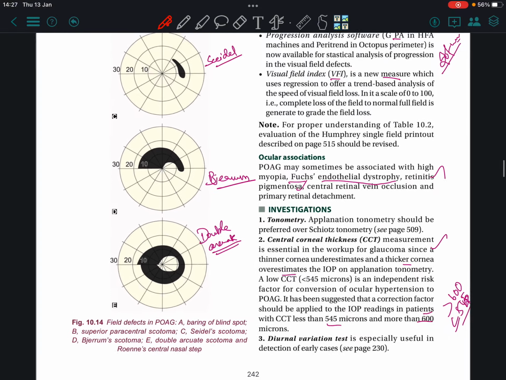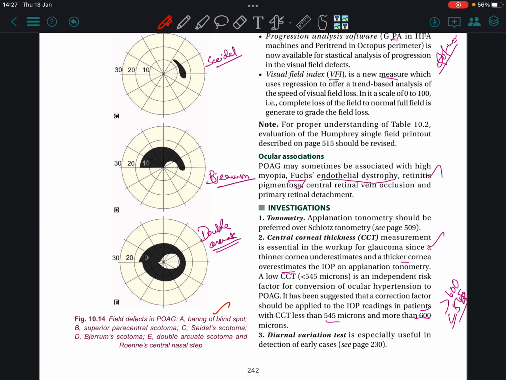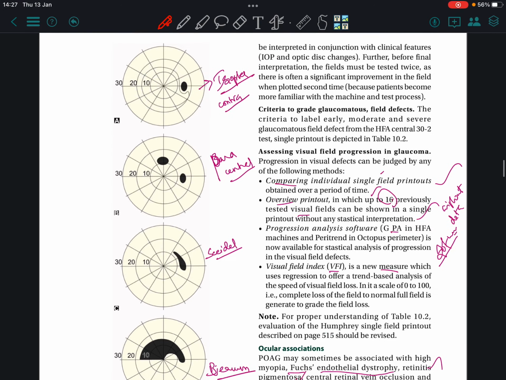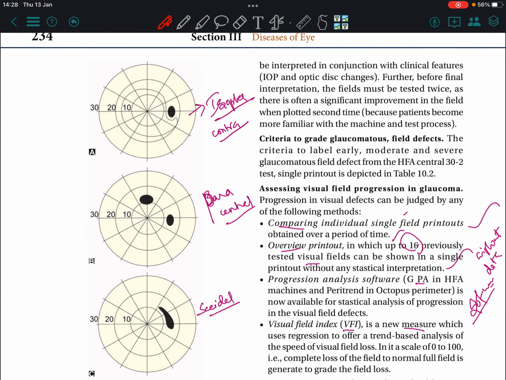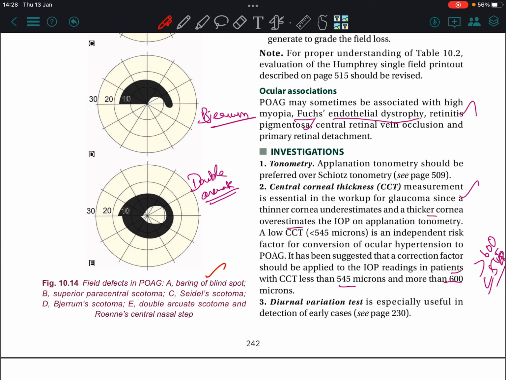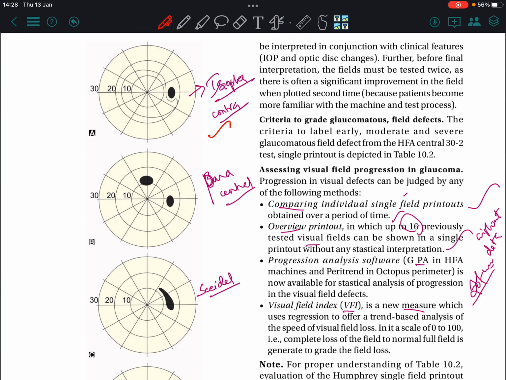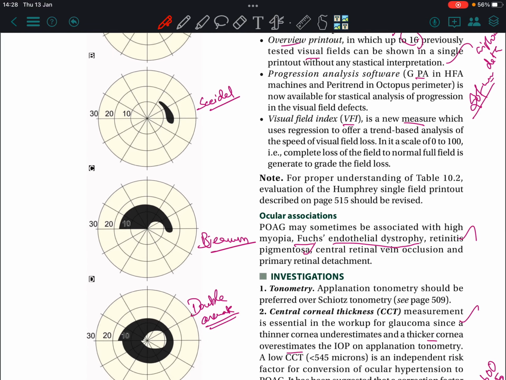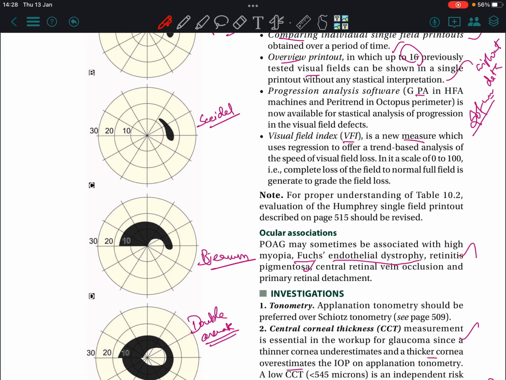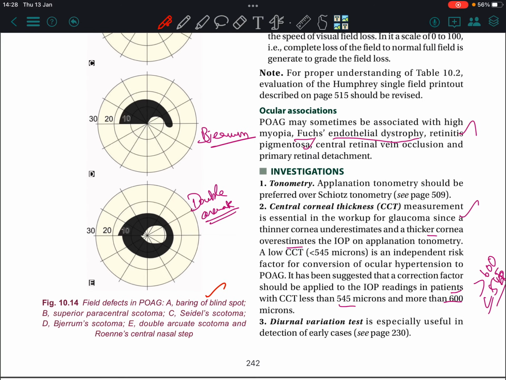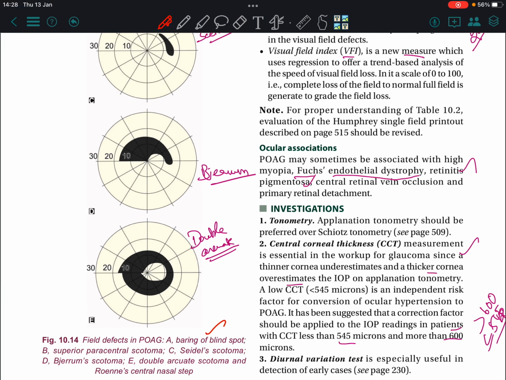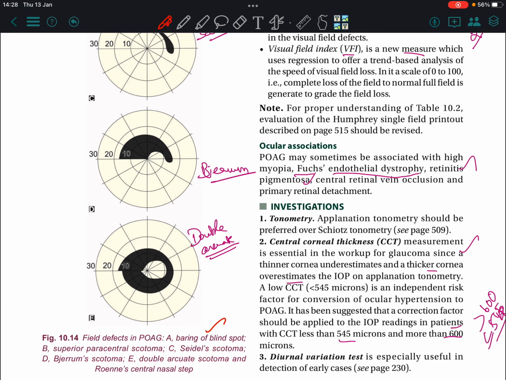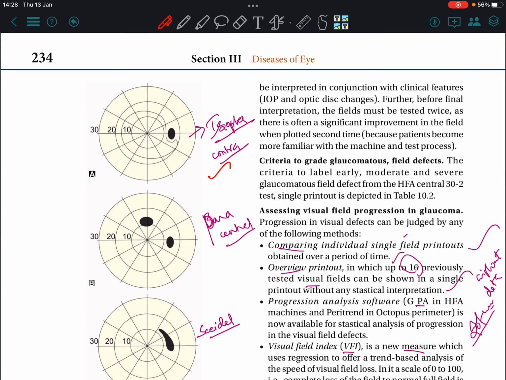Diagnosis of glaucoma field defects on HFA single field printout. Field defects of glaucoma: A is baring of blind spot, isopter contraction, B is superior paracentral scotoma, C is Seidel scotoma, D is Bjerrum's or arcuate scotoma, E is double arcuate scotoma, and Ronne's central nasal step.